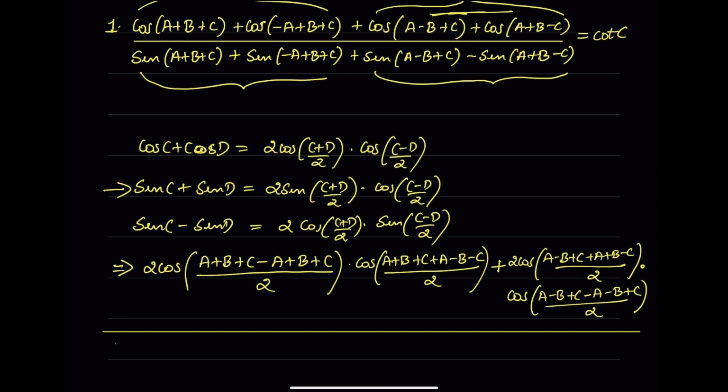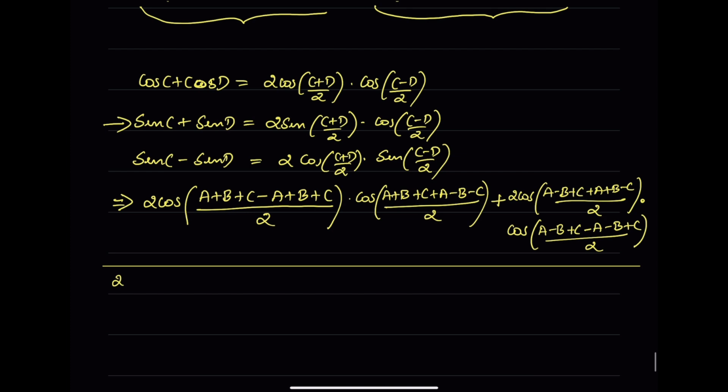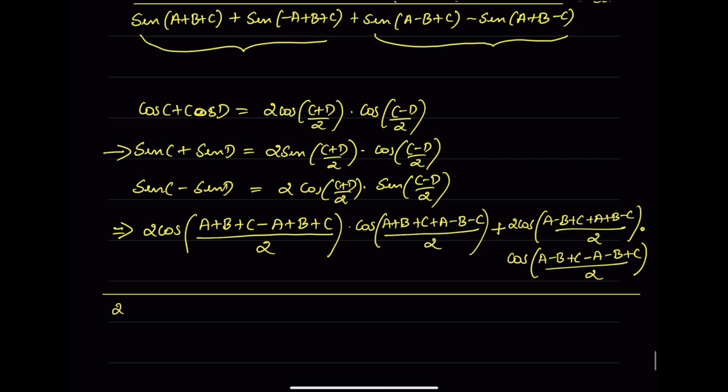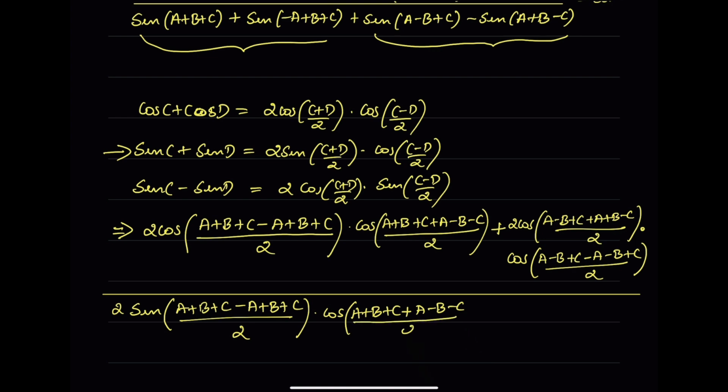That would be 2 times sin of (A plus B plus C minus A plus B plus C)/2 times cos of (A plus B plus C plus A minus B minus C)/2.